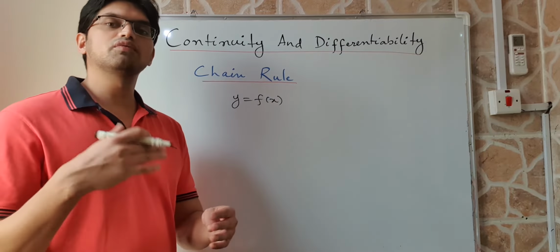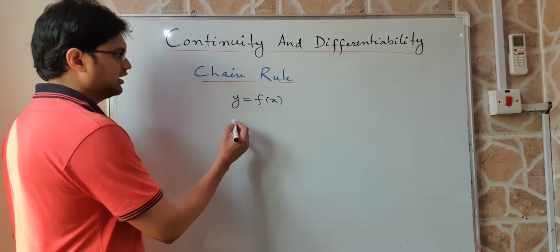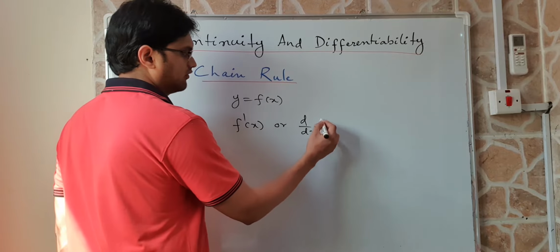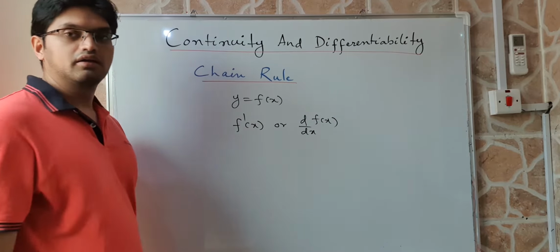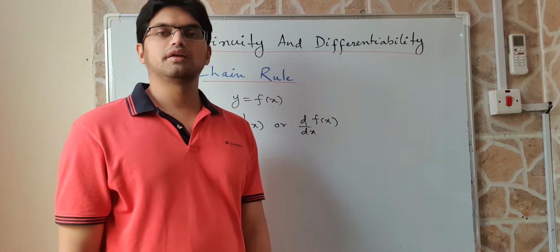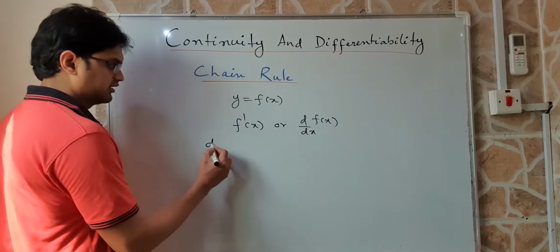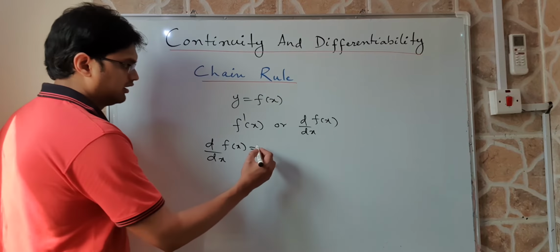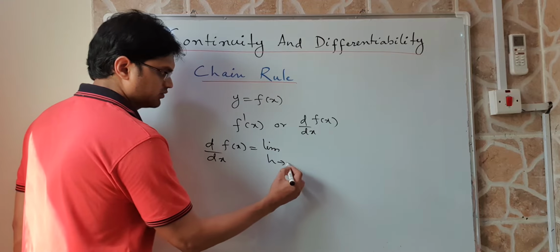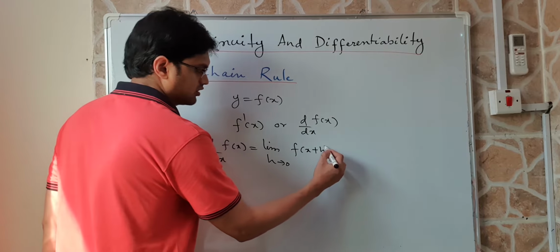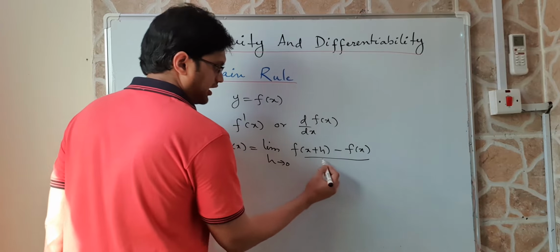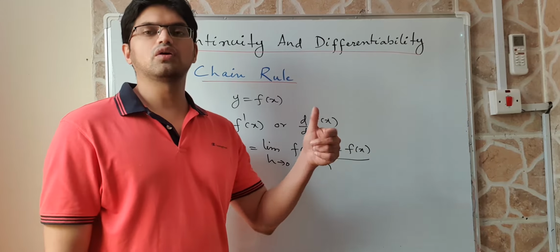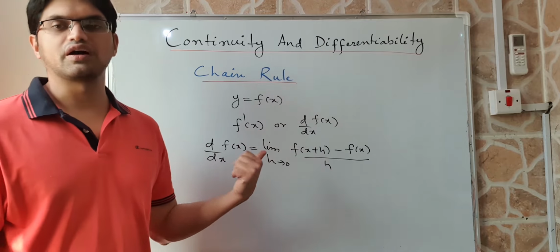Then the derivative of the function is denoted by f dash x or d by dx of f(x), and it is defined as the limit as h tends to 0 of f(x plus h) minus f(x), divided by h. If this limit exists, we call it the derivative of the function.